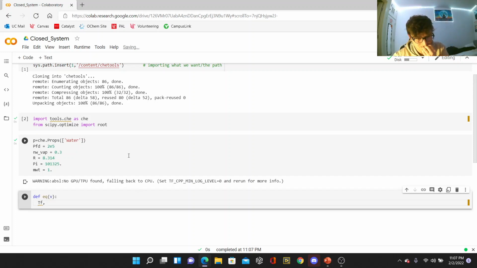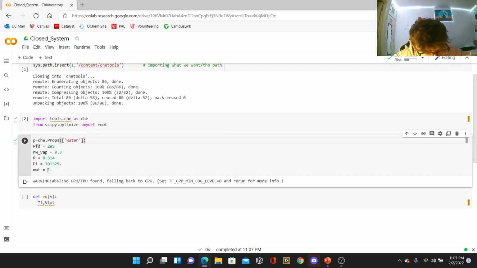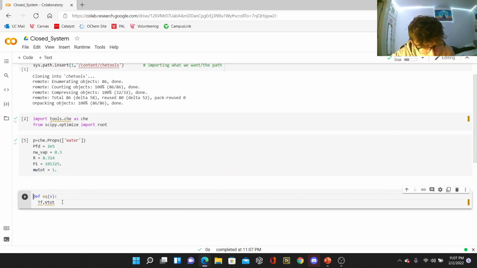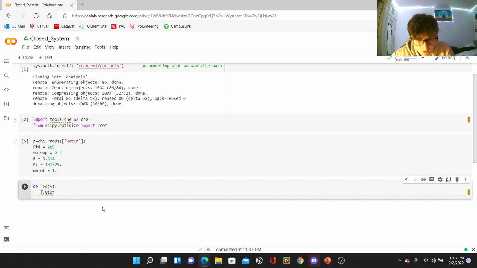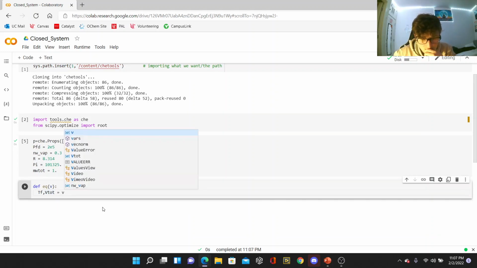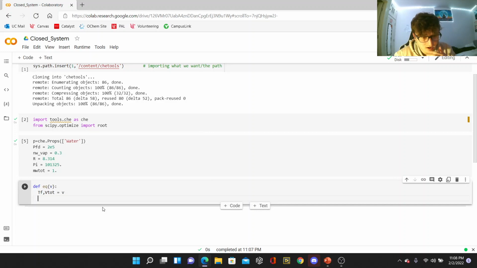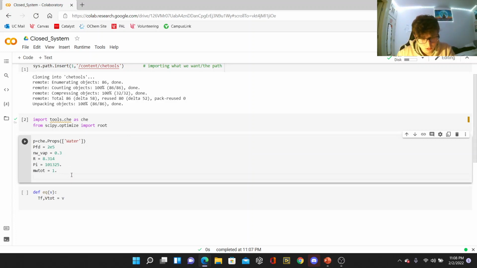So we're going to do the final temperature and the V tot. I'm going to have to remember. Here, all right, and now we start building. Also, I'm going to add something here.